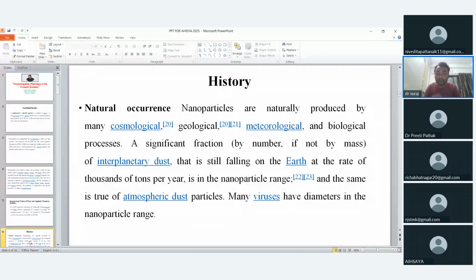So it is very minute. When the size is less, the rate of penetration is more. That's why in COVID-19 the fatal rate is more compared to other viral infections. When the size of the bacteria or virus is bigger, the rate of penetration and the rate of fatal condition is less. So it is inversely proportional.